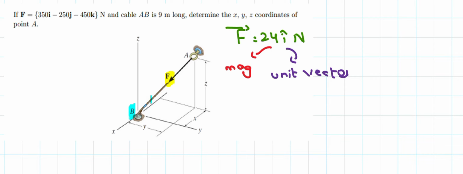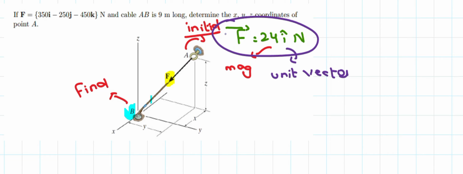It means that point B is the final point here, and point A is nothing but the initial point. The second thing is, this F which is equal to 24 i cap Newton could be written in another way: vectorial force is equal to the magnitude of force into the unit vector.